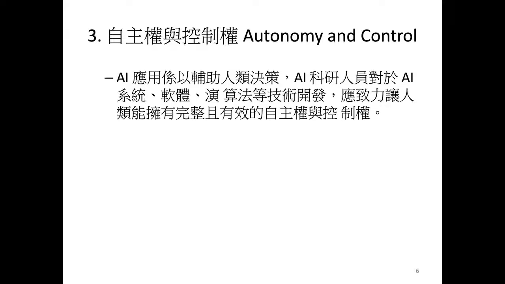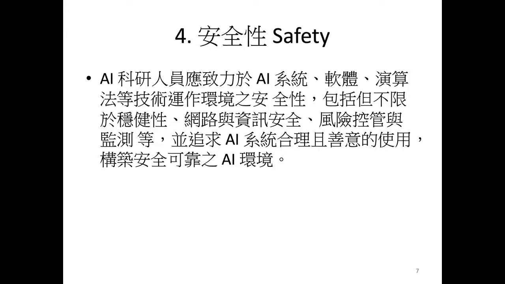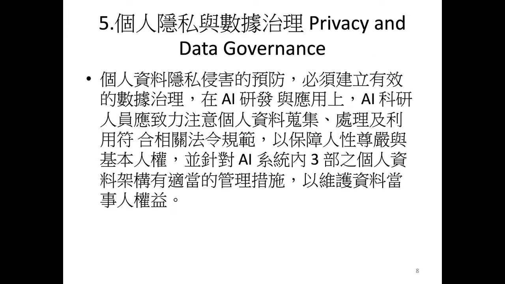I think we already talked about Tesla's autopilot a lot. For auto driving, how to make it safe is very important. And for safety, we are going to use AI to treat patients and human beings, so I think safety is the most important thing overall.